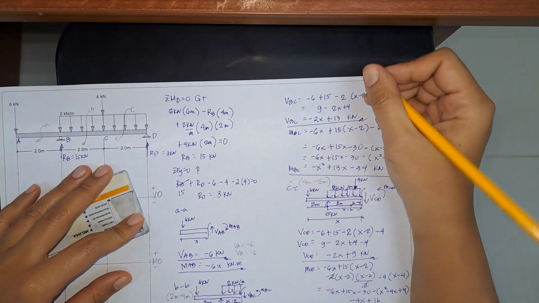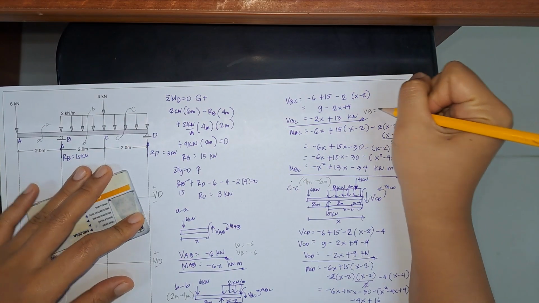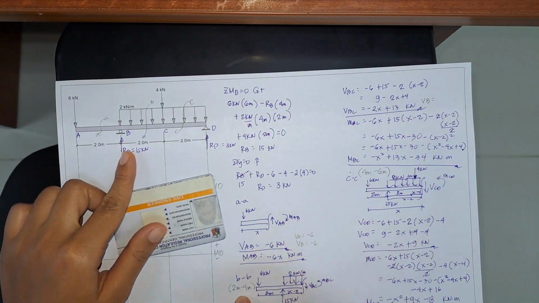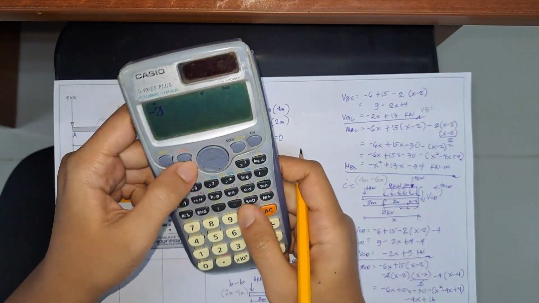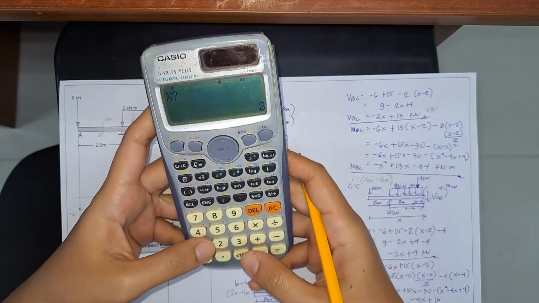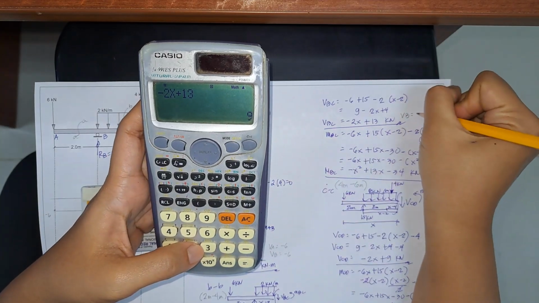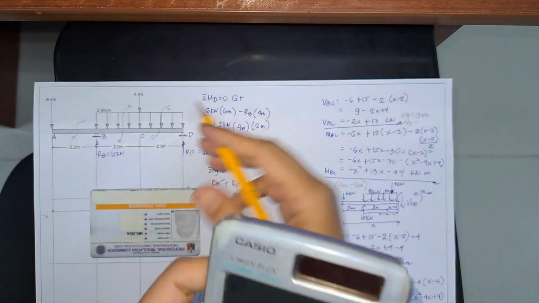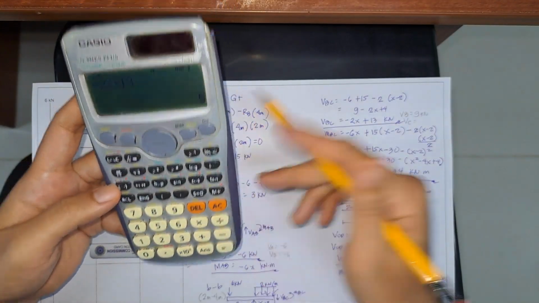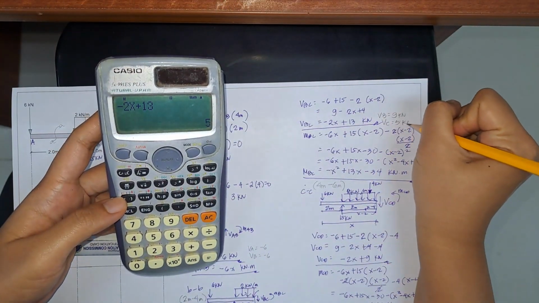Okay? So, here, the shear at point B, nasa point B tayo. So, ang gagamitin nating distance is 2. So, we have a negative 2x plus 13. The distance is 2. So, we will be using 9 kilonewton. And then, for point C, the distance is 4. Okay, so we have 5 kilonewton.